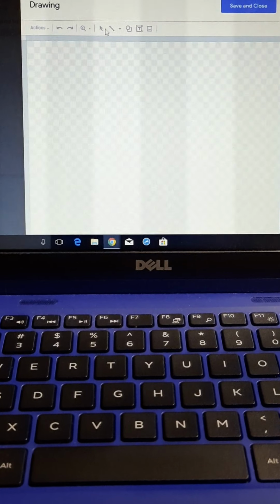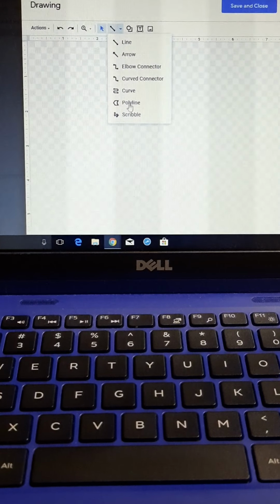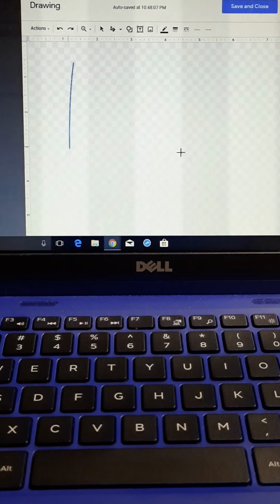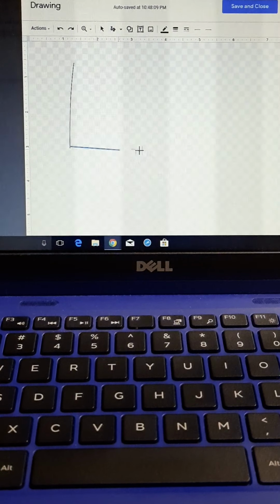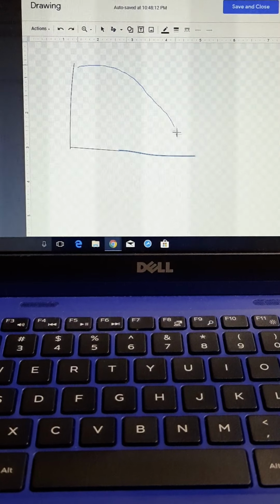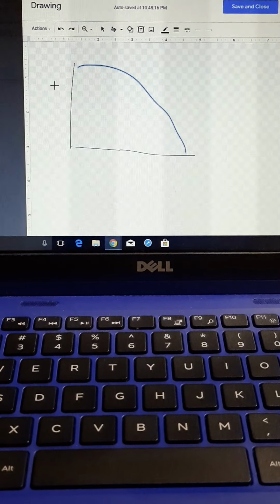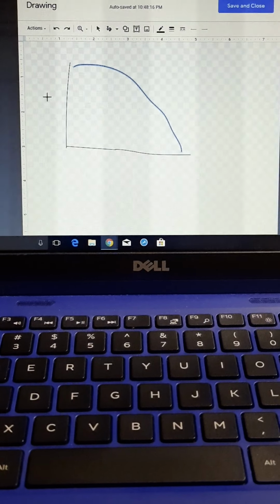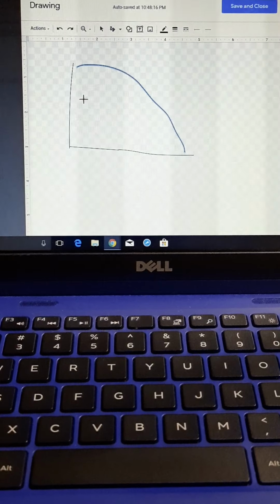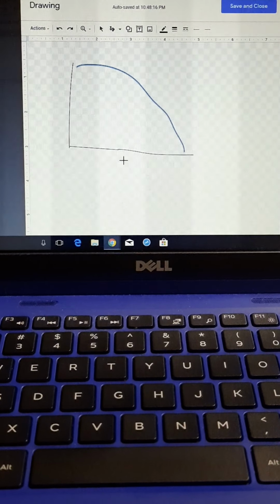Okay, and we're going to be using a freestyle scribble. So we have a graph here, survivorship curves. This is going to be the survivability, and age is at the bottom here.